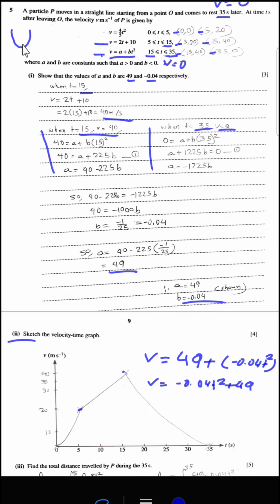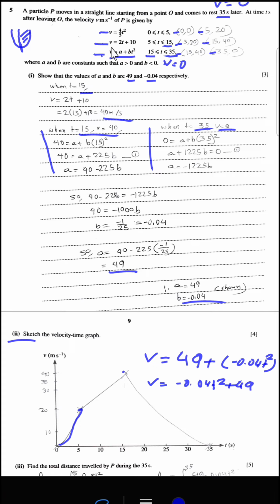As I was saying, it has a minimum point for expression 1, since it is positive, and at time t equal to 0, velocity is 0, and at time t equal to 5, velocity is 20. Thus we have to consider only this section of this graph, that is this region.